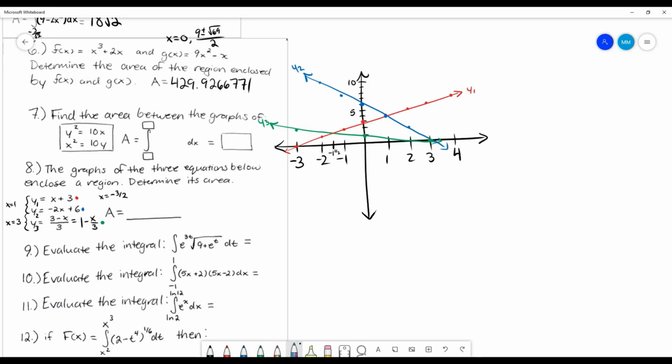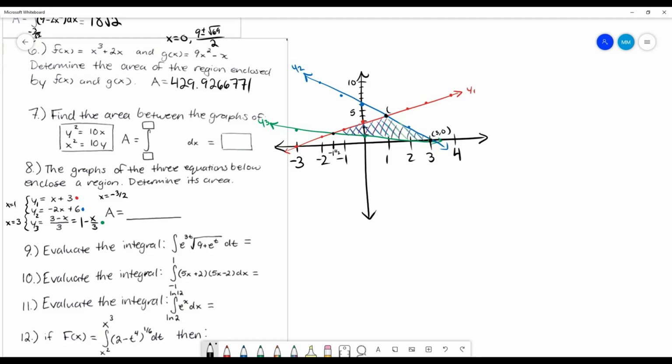Okay. So the area that they then enclose is, wow, that's ugly, never mind. It's all of this space in here. And so now we have to figure out some integrals for this. Keep in mind these points of intersection. So that's 3, 0.